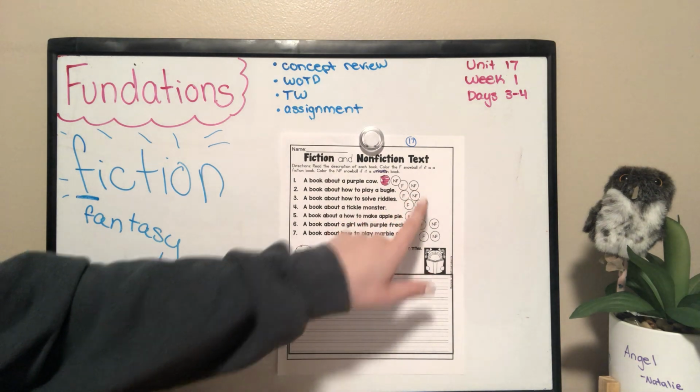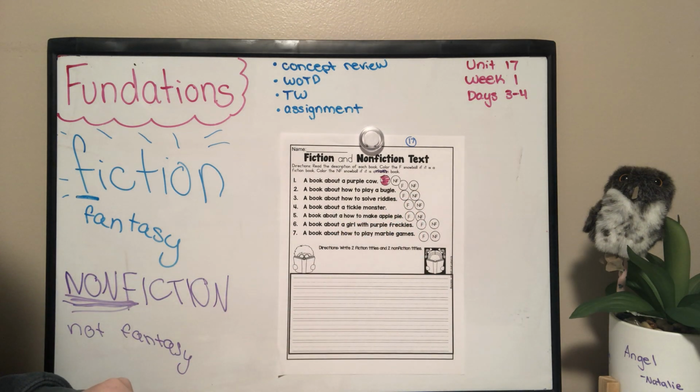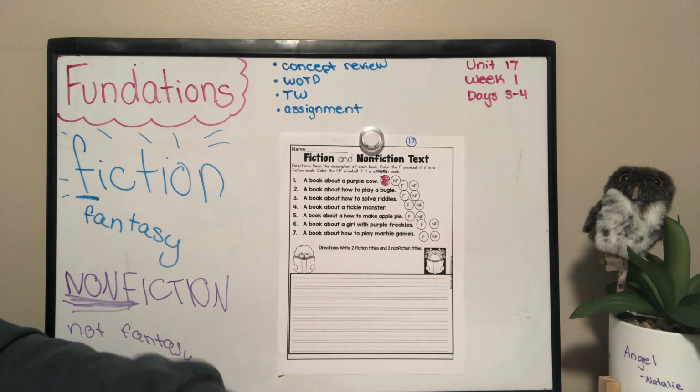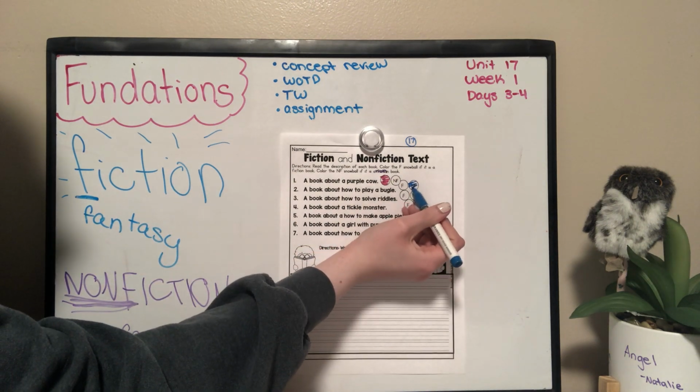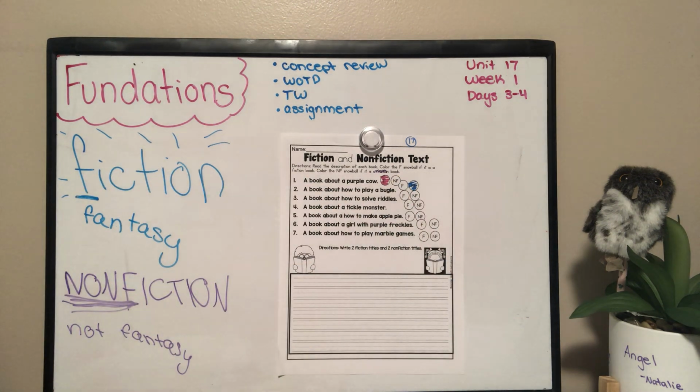Is that going to be fiction or not fiction? That's going to be nonfiction because that's like an instruction book. That book isn't telling me a story about the beautiful bugle who knew that he could sing the best song ever. No, it's a book about how to play the bugle. It's like a step-by-step direction book. So that's going to be a nonfiction.